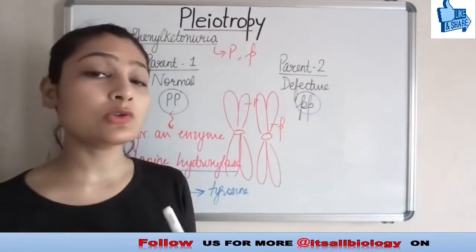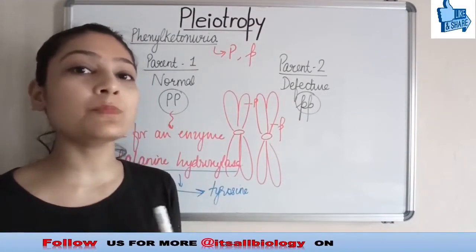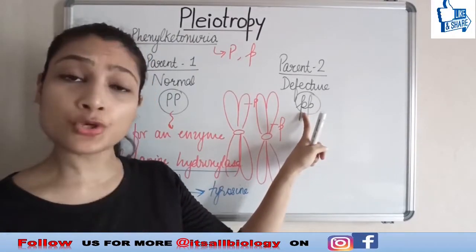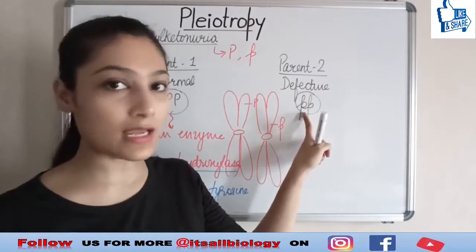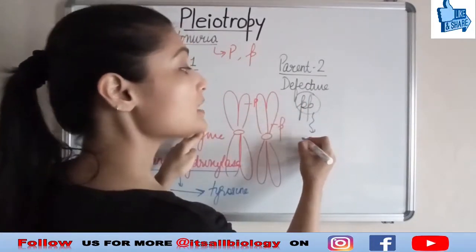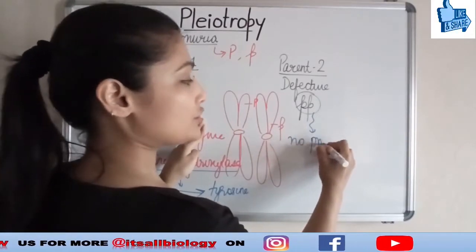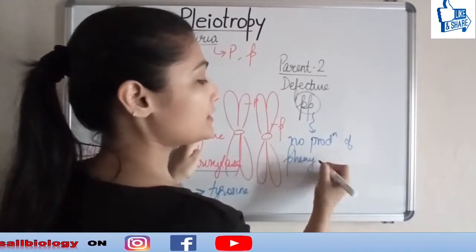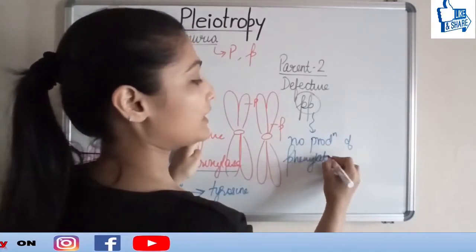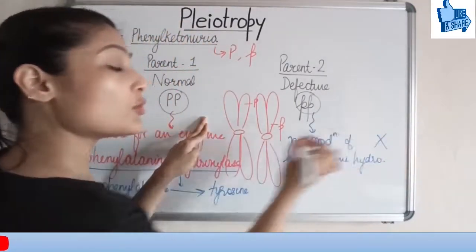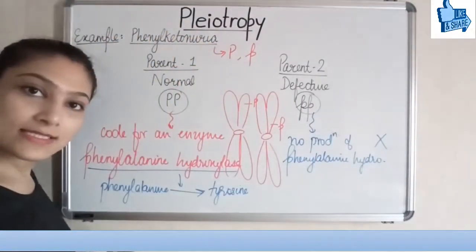If we talk about the next case wherein the person is defective, that is, he is going to be showing some recessive allele here. So in this case, there is no production of phenylalanine hydroxylase. There is no production of this enzyme.